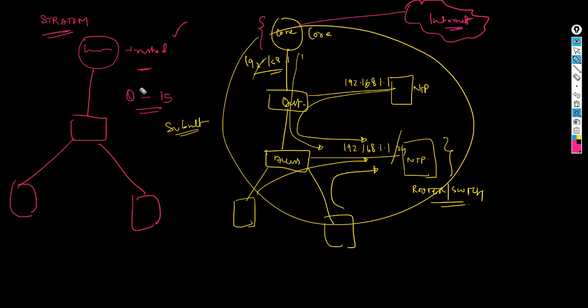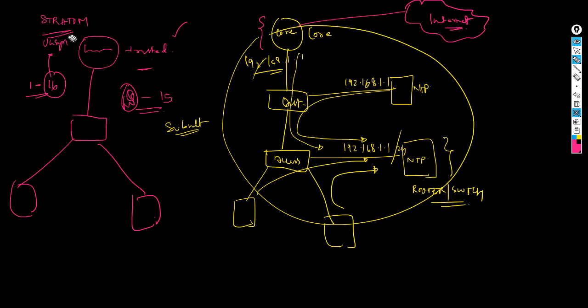In networking components like routers and switches, the stratum cannot be 0. We cannot achieve 0, so we can have anything from 1 to 16. If you see 16, that means the clocks are unsynchronized.